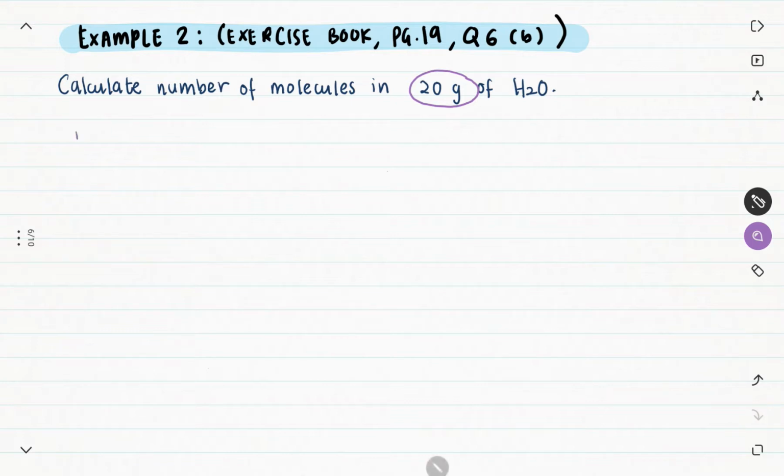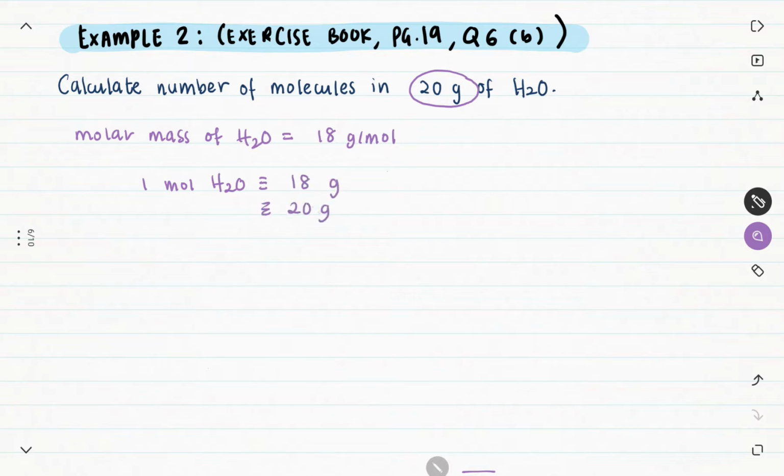So molar mass of water is equal to 18 gram per mole. So 1 mole water is equivalent with 18 gram. So if you have 20 gram of water, how many mole water?